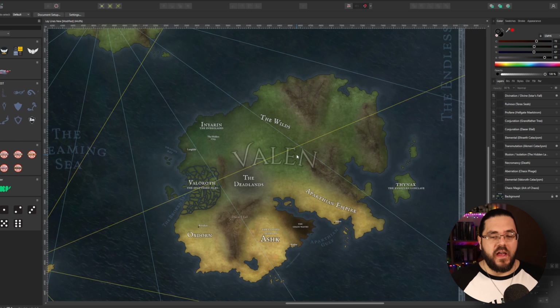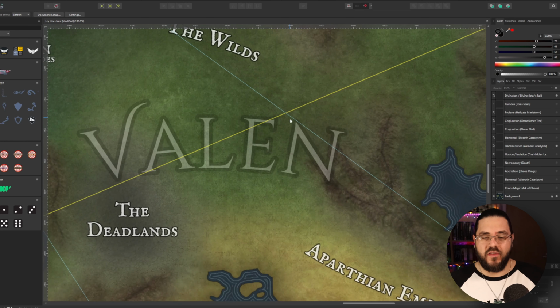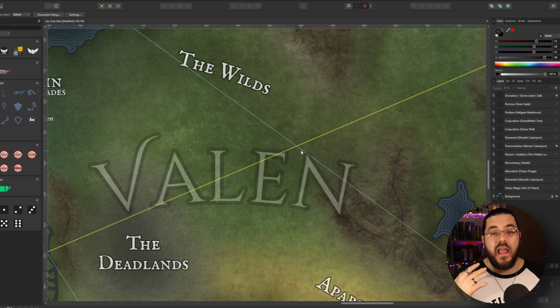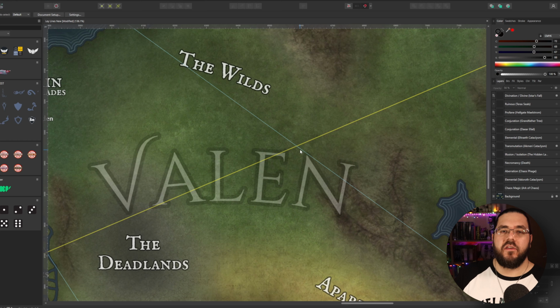As an example, over here on the continent of Valen, you can see that we've got a divine and a conjuration ley line crossing over. Where they cross, you're going to have a powerhouse of divine conjuration magic. I would interpret this as a place where the veil between the material world and the divine world in my setting, so one of the divine extraplanar planes of existence, is thin, and divine creatures are able to come into the material plane through that point.